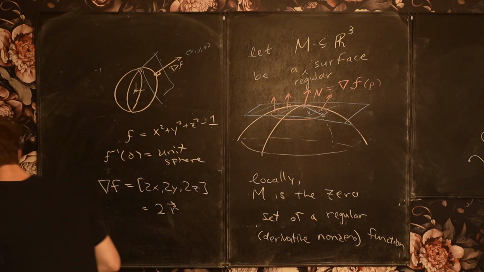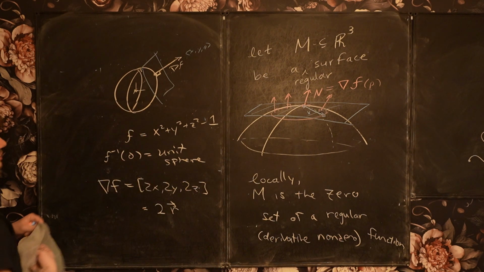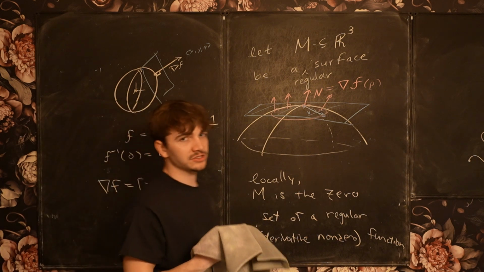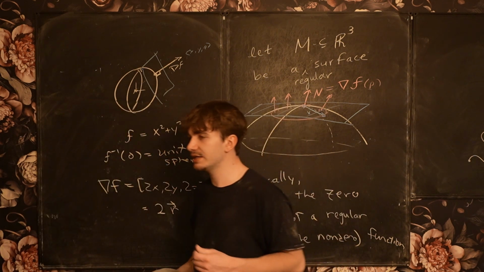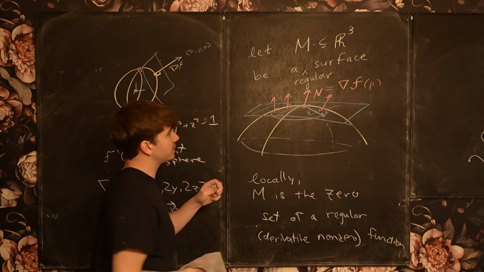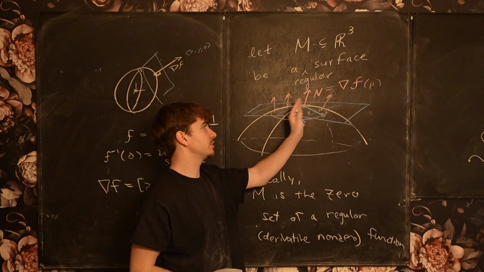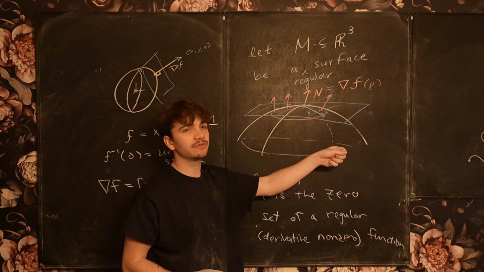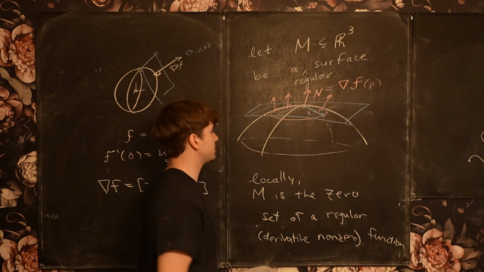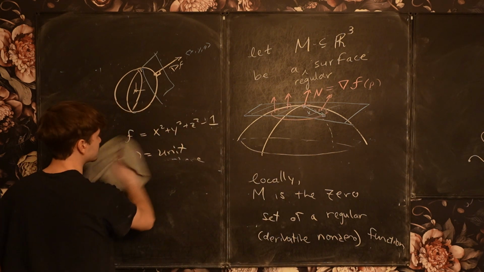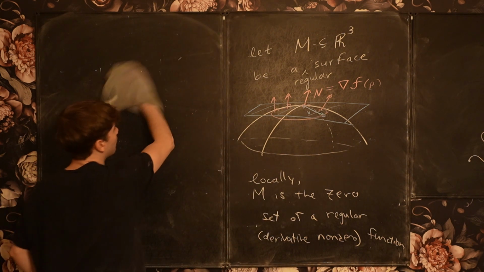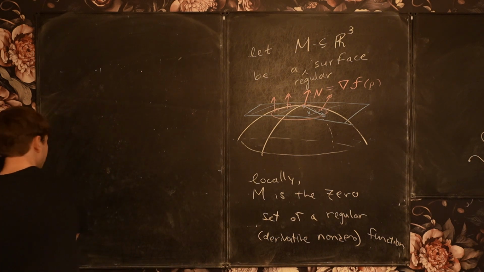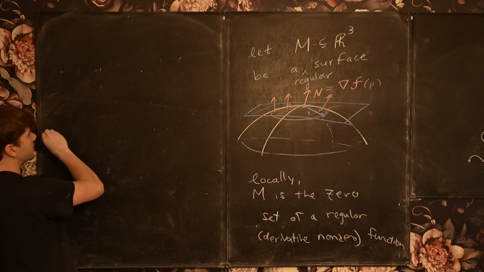So now, let's talk about the curvature. So how do we use the normal vector to understand the curvature? Well, the idea is that if we look at the derivative of the normal vector along some vector field x, we're going to be able to understand the curvature, okay? So now we need an even more detailed diagram than what I've already drawn.